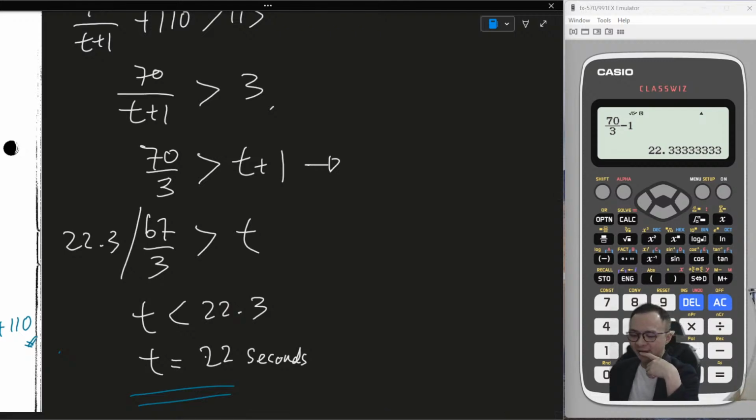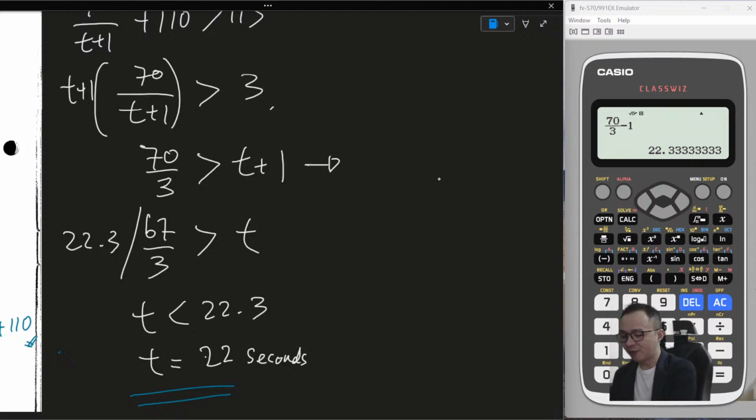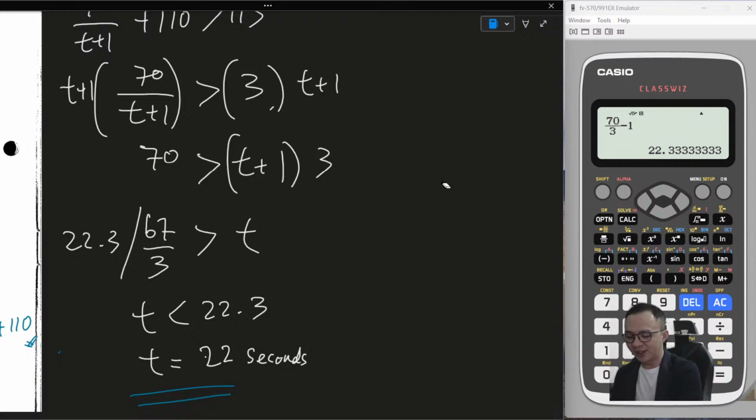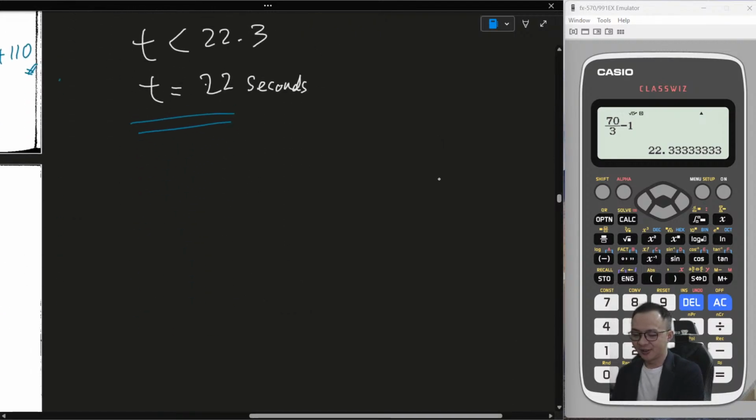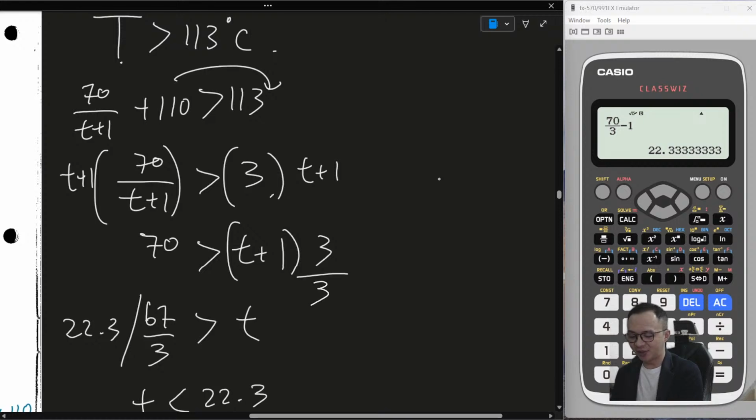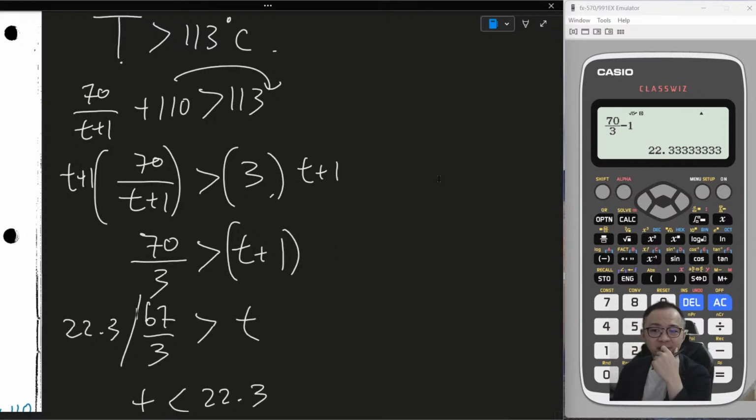Time cannot be a negative value, so this is a positive value. Definitely I can multiply by T plus 1 on both sides, so eventually I will get 3 times (T plus 1) like this. And then on both sides I can divide by 3. Then eventually I will get back the same equation.